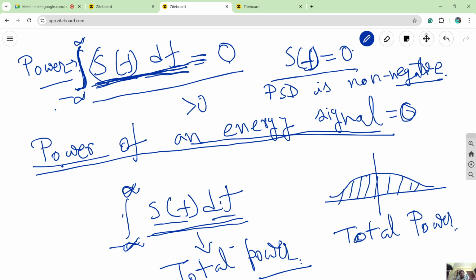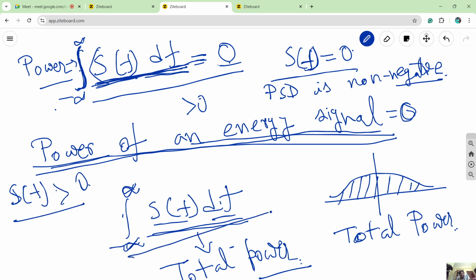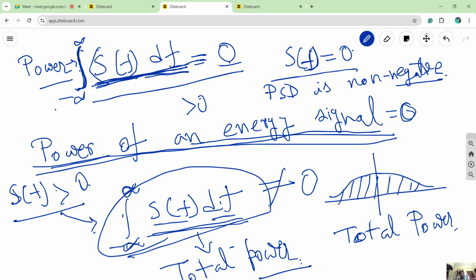Then we again say that the power of an energy signal is 0, that is the condition. So this should be 0. Again, if for some part S(f) is greater than 0, this integration will not be 0.